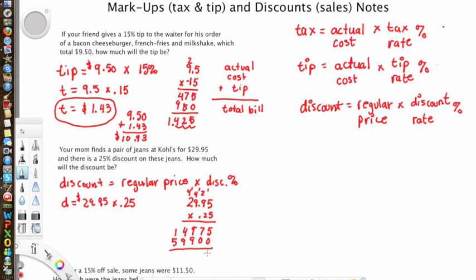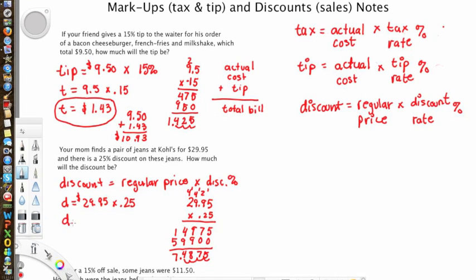Let's add all this up. I get 5, 7, 9 and 9 is 18, carry the 1. 14, carry the 1. 7. Okay, I have 1, 2, 3, 4 decimal places in my multiplication problem. So I have 1, 2, 3, 4 decimal places in my answer.